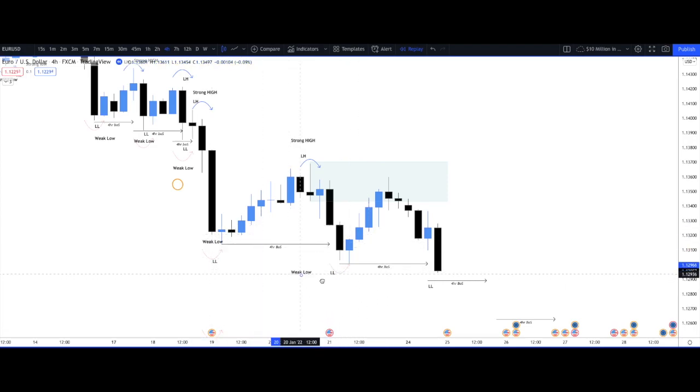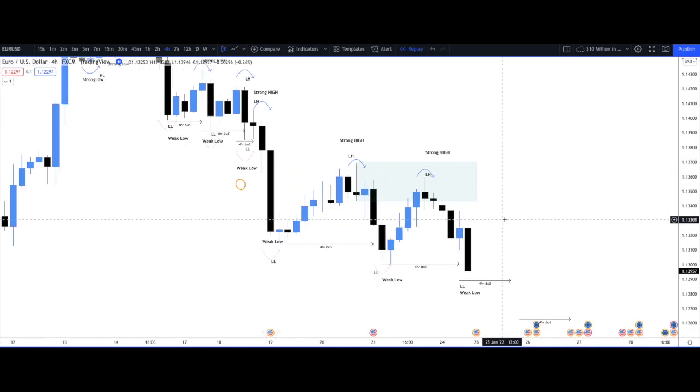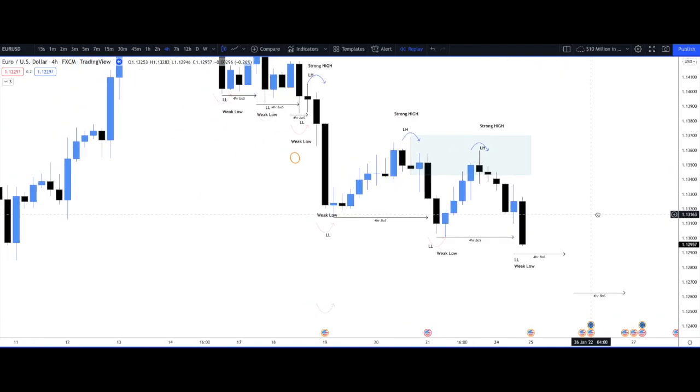Weak low, weak low, weak low. We've got a strong high, low, high. I'm going to repeat myself a million times because you need to get this through your head straight away. This will be the foundations of how you trade and look for high probability trades.